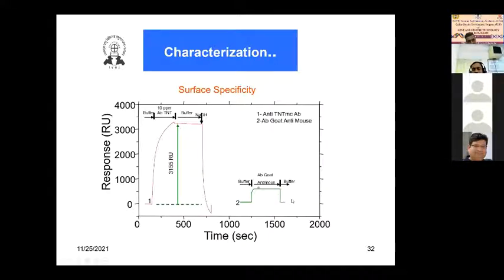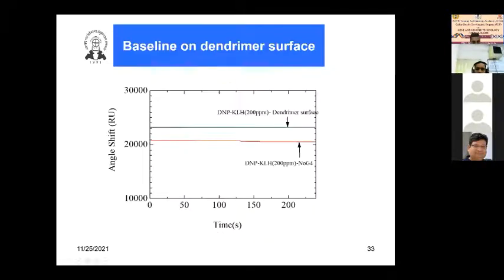The sensor initially shows some bulk response, because another antibody flowing through the system will show a different bulk response. But that's not stable; as that antibody passes through the sensor and the time is over, it comes back to its base level. So it means that our surface is specific. Next, please.